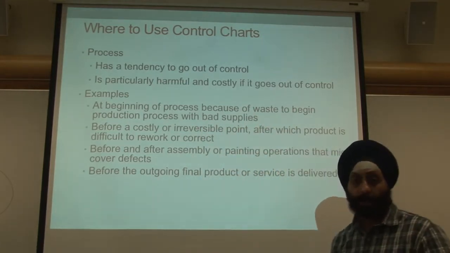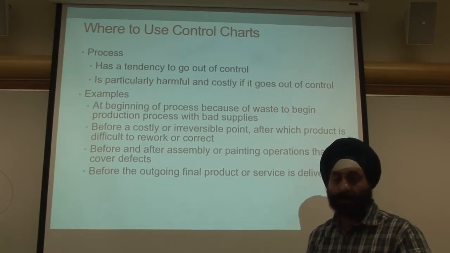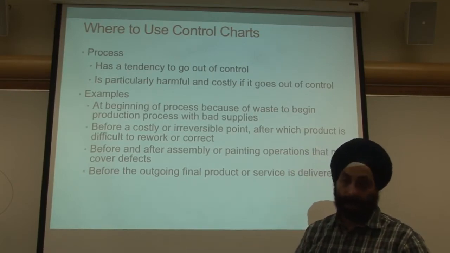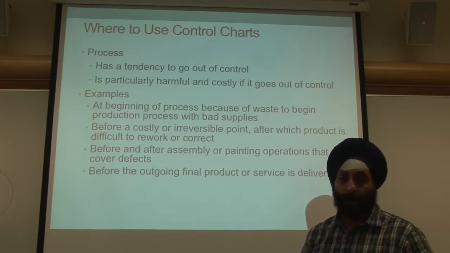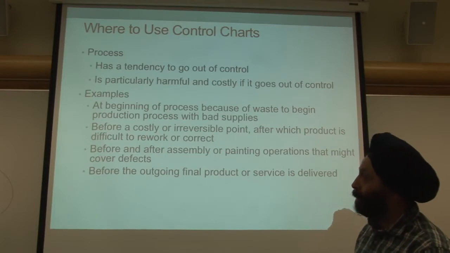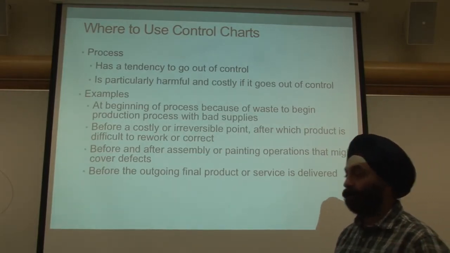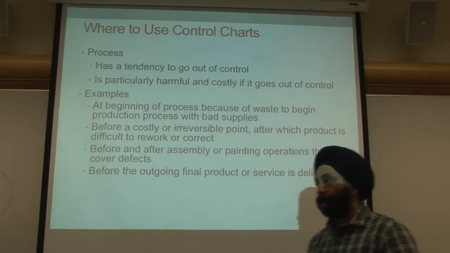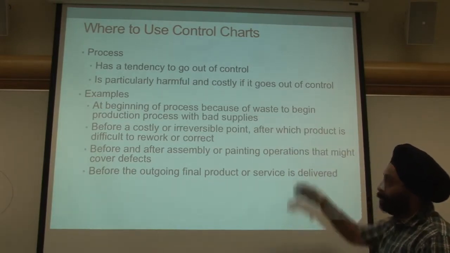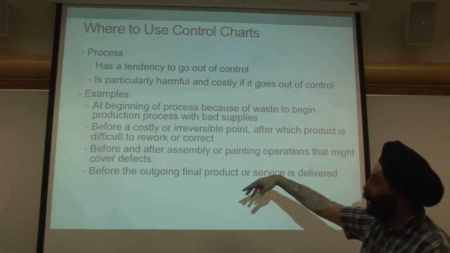You may end up producing the wrong product, or somebody may be in harm's way as workers if the machine becomes overheated, or somebody may end up losing a daily wage in case you run out of material. So it makes sense to use control charts in those scenarios.